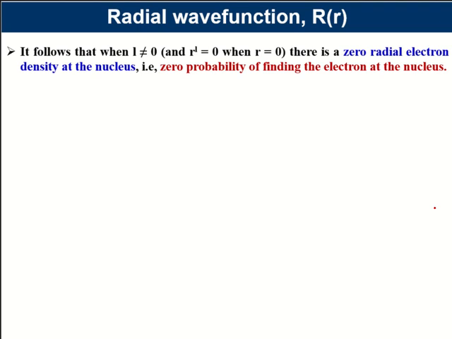R to the power L. So when L is non-zero, at the nucleus, which means we are talking about R is equal to 0, R to the power L will be equal to 0. मतलब 0 का पावर 1, 0 का पावर 2, 0, 1, 2, 3 जो अभी हमने देखा, समझ रहे हो? लेकिन but when L is 0, then R to the power L will be this. 0 का power 0, this is 1.